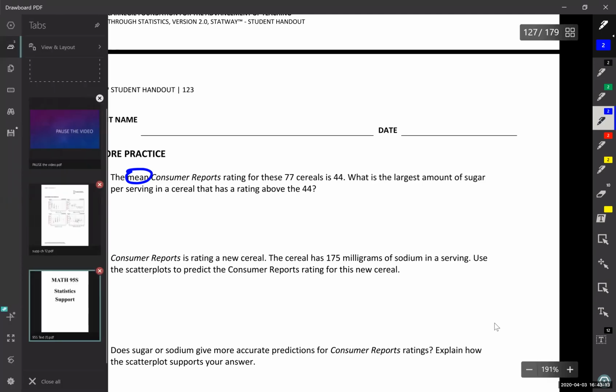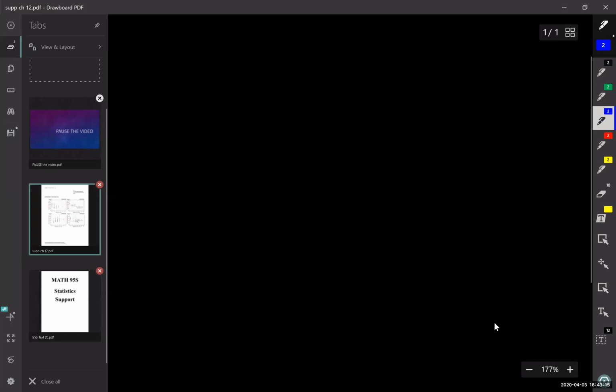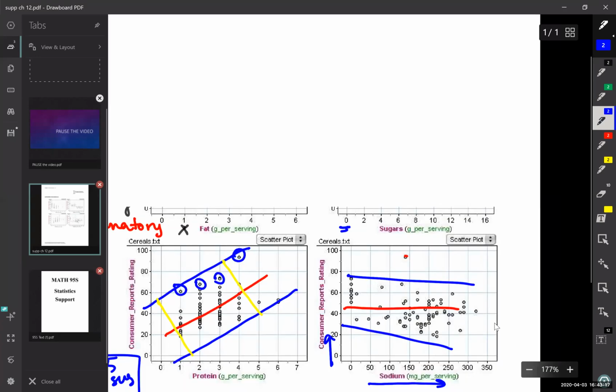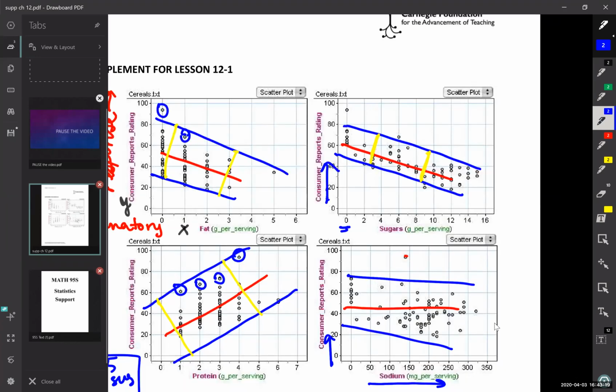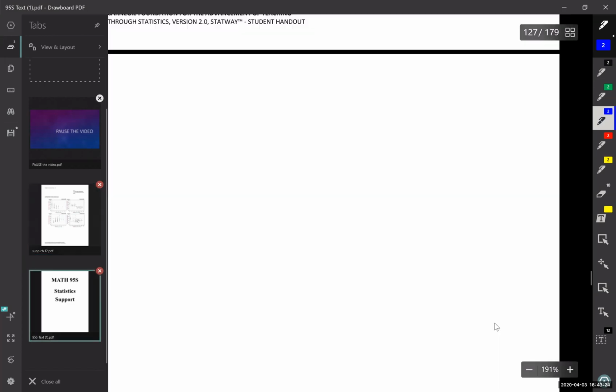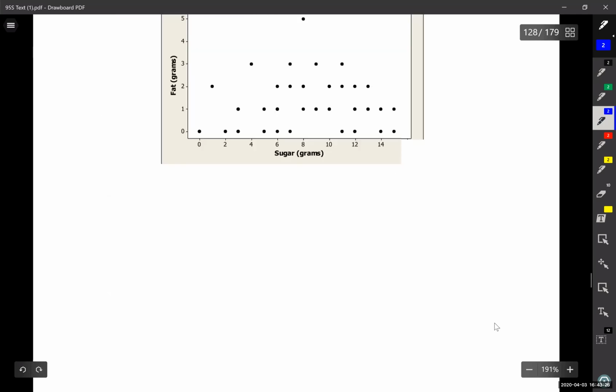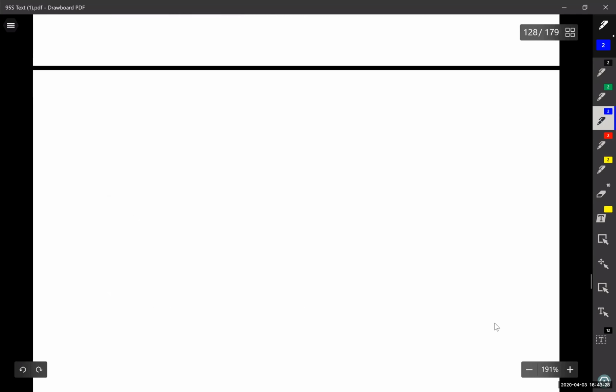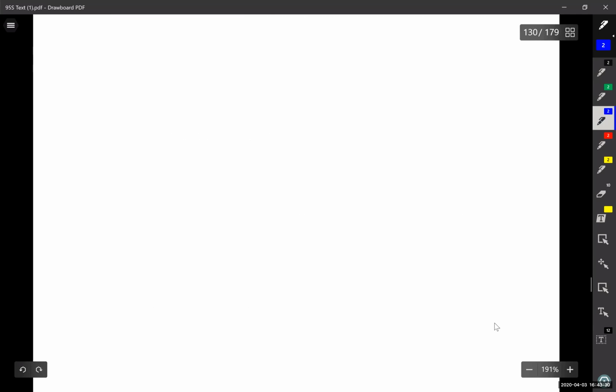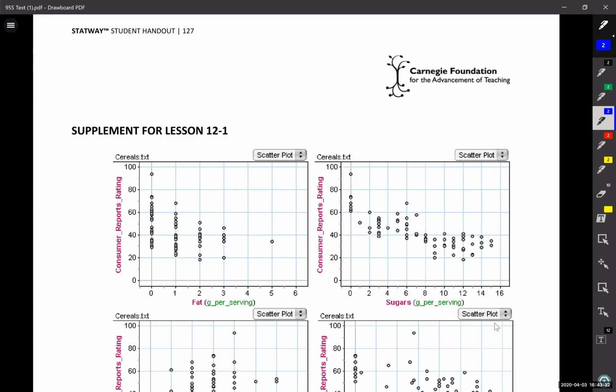So going back to this picture, I think it's pretty, I'm going to leave it. I have another one right here, just have to scroll a couple pages, just like you guys on page 127. Here we go. It says the mean rating is 44. What's the largest amount of sugar per serving in a cereal that has a rating above 44?